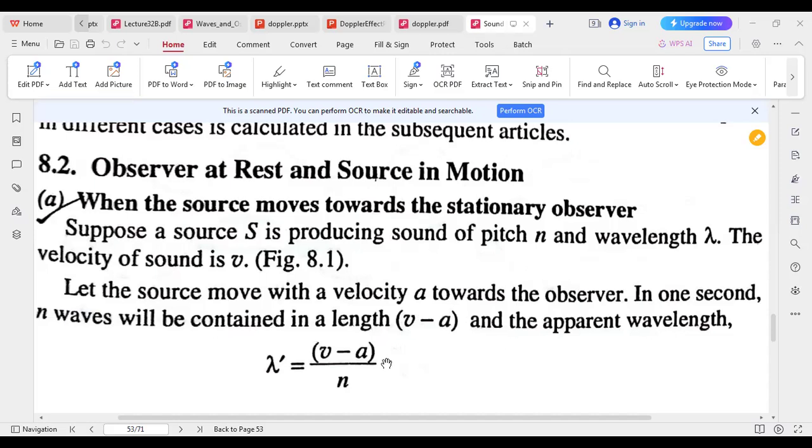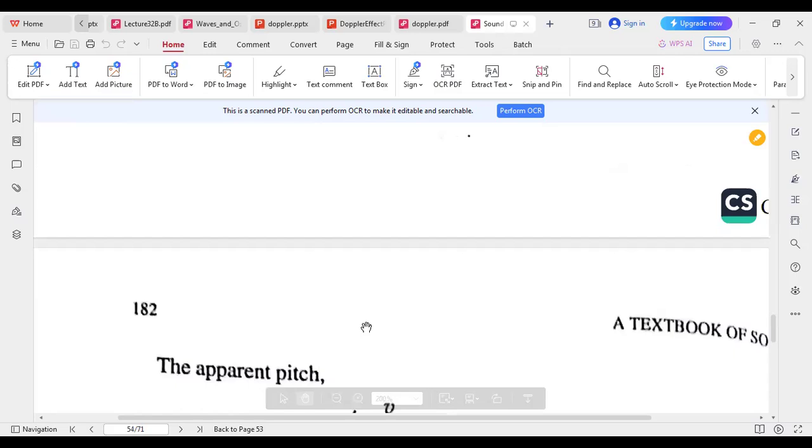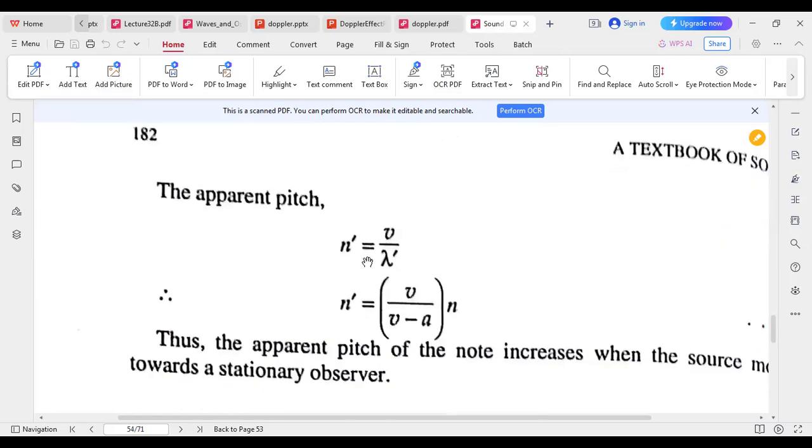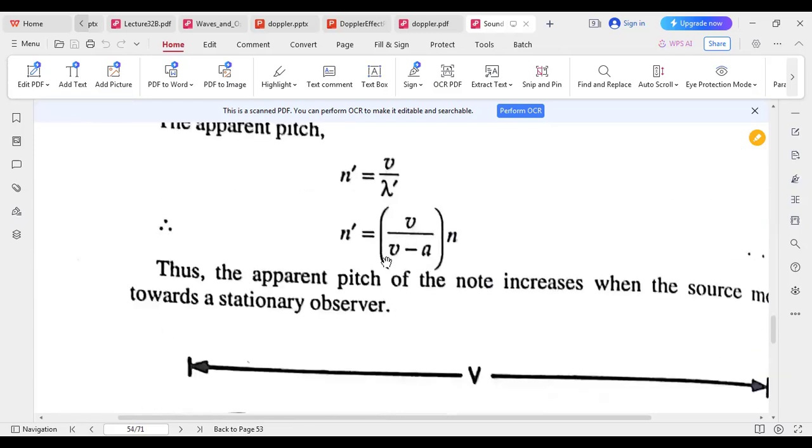And the apparent wavelength will be the apparent velocity divided by frequency, from b equals f lambda. The apparent pitch, that is the apparent frequency, equals b divided by lambda dash. Putting the value of lambda dash, we get n dash equal to b divided by (b minus a), times n.